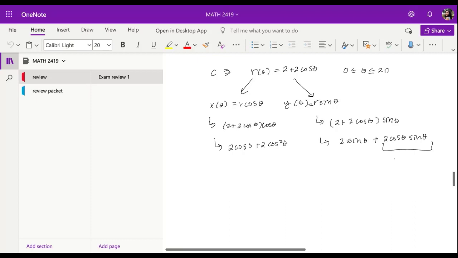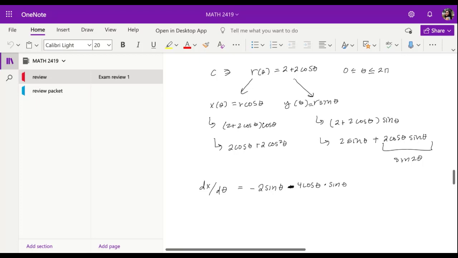Now to find dx d theta, we're just going to take the derivative of x with respect to theta. That will be negative 2 sine theta, and then plus 4 cosine theta times sine theta, which ends up being a negative sign as well, because the cosine derivative is negative sine.